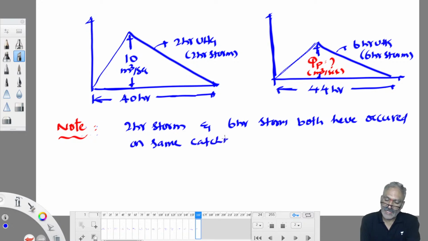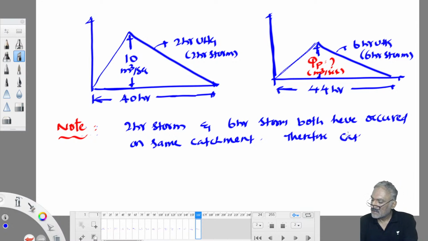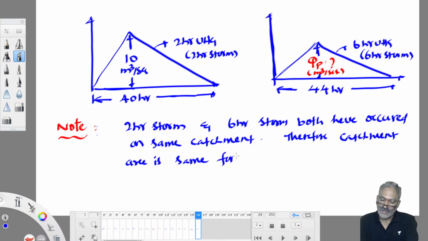So using the first storm, I will work out something related to the second storm.